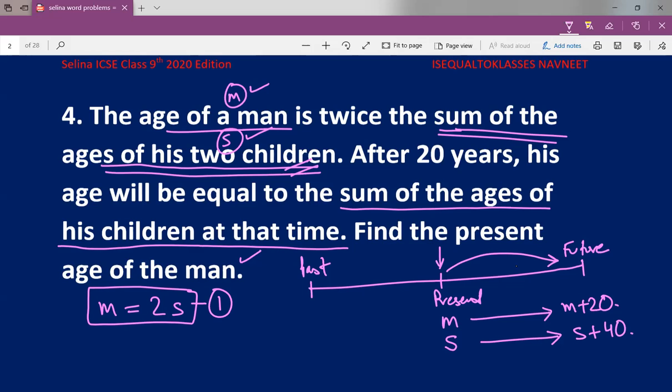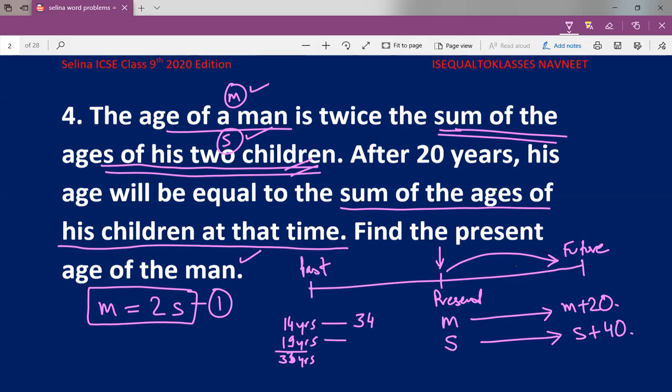If it is not, let me take an example. If your age is 14 years, your elder brother's age is 19 years. The sum of your ages is 33 years today. After 20 years, you will be 34 years.